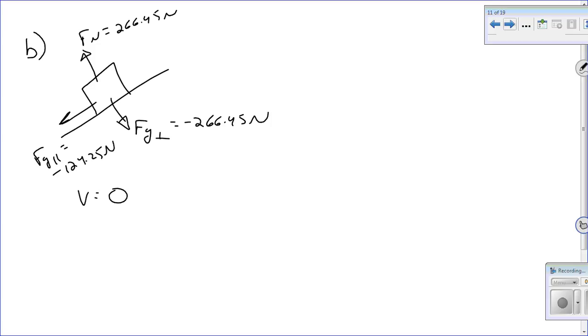If it stays at rest, what's the name of the force that's going to keep it at rest? Static friction, right? So we need to go over here and find that maximum static friction, right? And notice our normal force is 266.